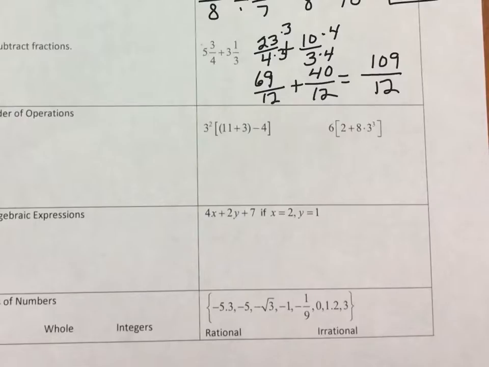If you checked 109 divided by 3, you would not get a whole number. 4 goes into 12, but you know an even number cannot go into an odd number. 6 is even, so there's no way it could go into an odd number. And 12 is even, so there's no way it can go into an odd number. So guess what? It's simplified. 109 over 12.